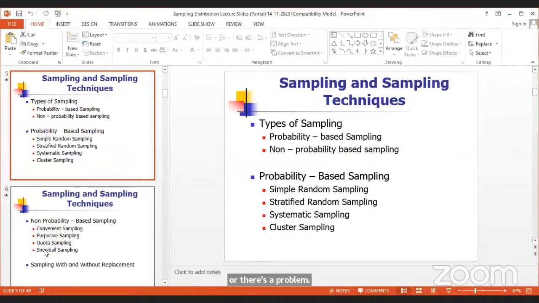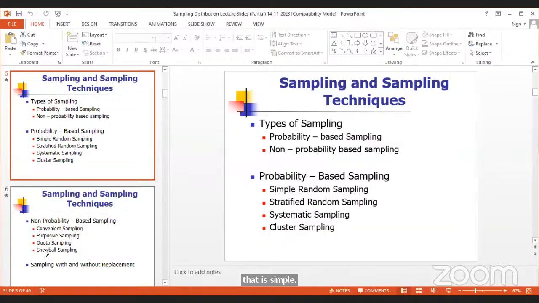What stratified random sampling says is that, if you have identified that the population is heterogeneous, can't you just divide them based on the line of difference, so that I can have female, then I have male? From the female, I do my random sampling. From the male, I also do my random sampling. I put together what I have, which should be a better representative of that population. That is stratified random sampling.